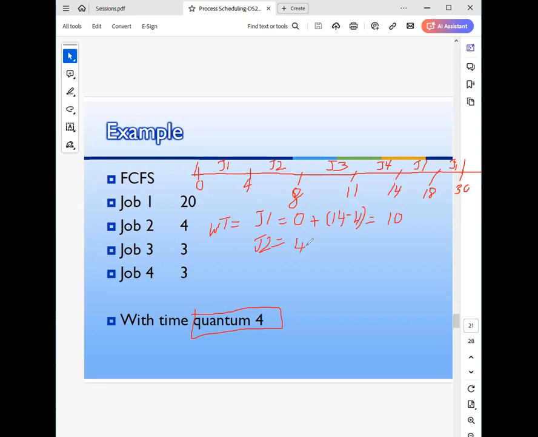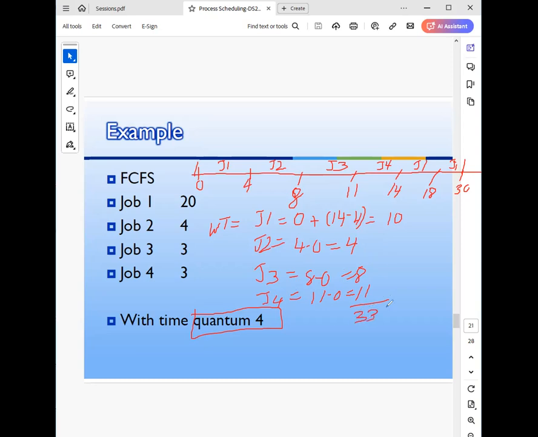So 4 minus 0, that is 4 milliseconds. Job 3 came at 0 but got the CPU time at 8. So 8 minus 0, the waiting time is 8. And job 4 came at 0 and got the CPU at 11. So 11 minus 0 is the waiting time for job 4. So altogether 21, 29, 33.